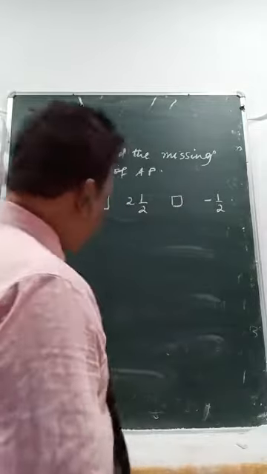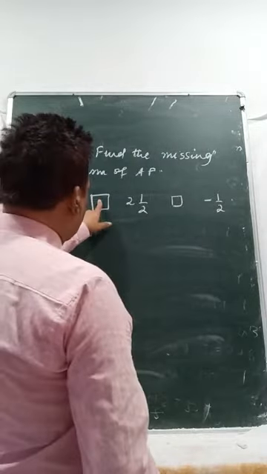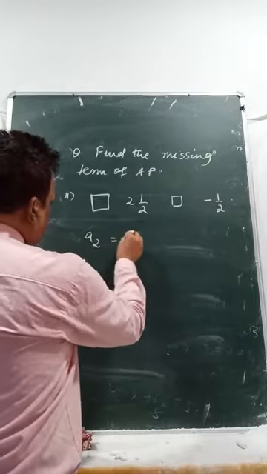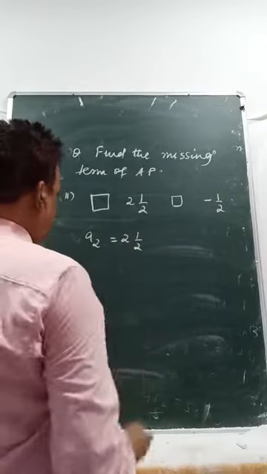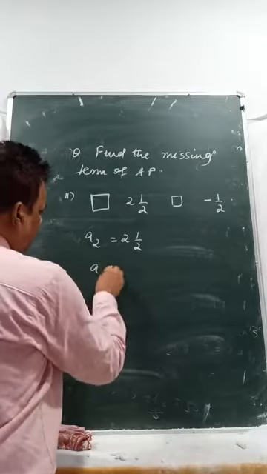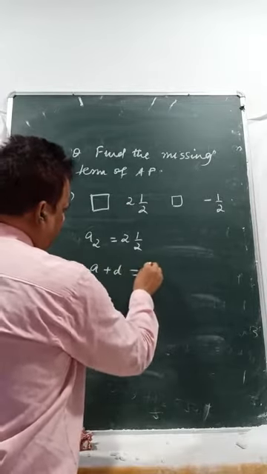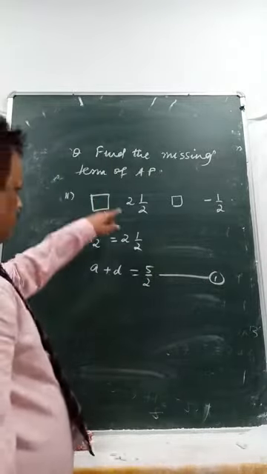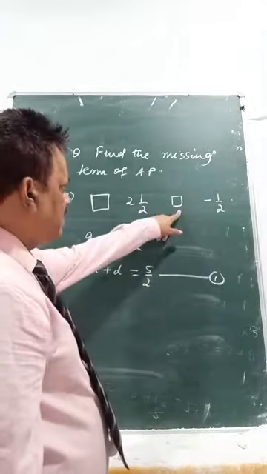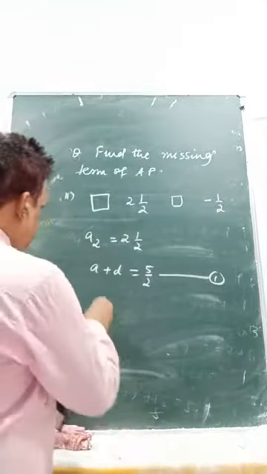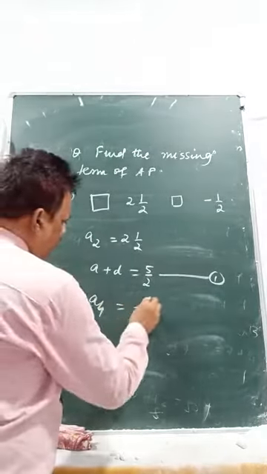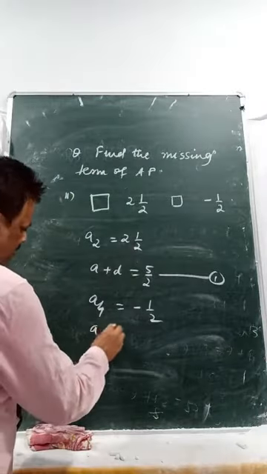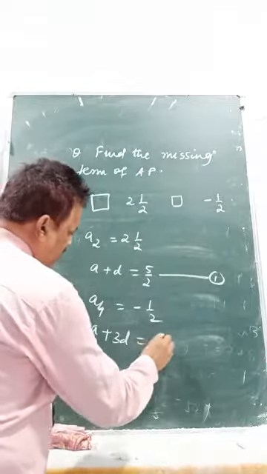A2, second place, equals 2 and a half. A2 formula: A plus D equals 5 by 2. This is equation number 1. Second is given, third is not given. Fourth is given: A4 equals minus half, that is A plus 3D equals minus half.